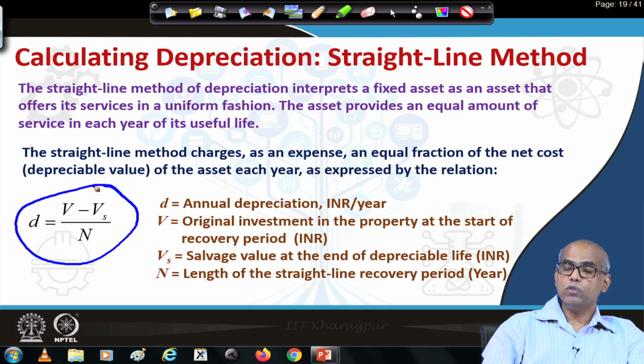It is in unit of time, so years. So, according to the straight line method, the annual depreciation D is (V minus Vs) by N.